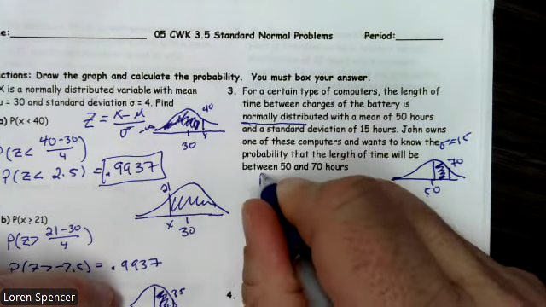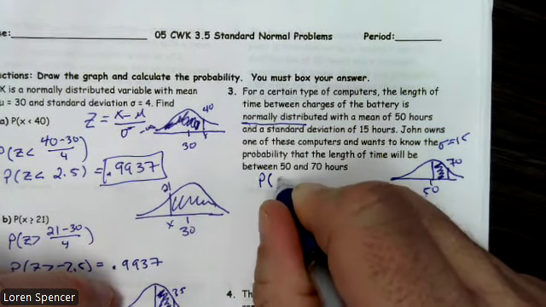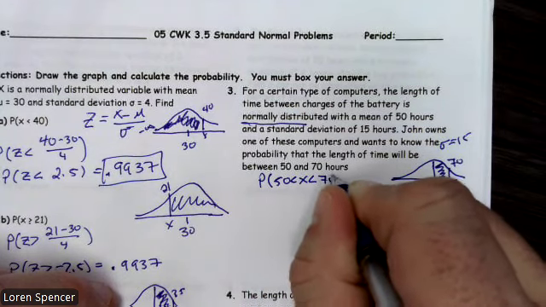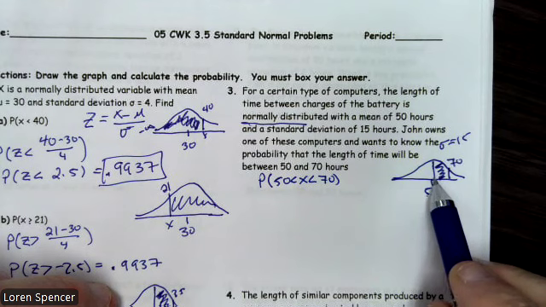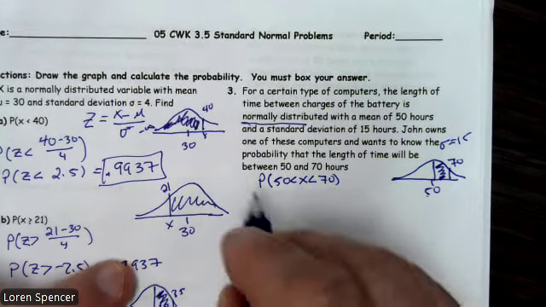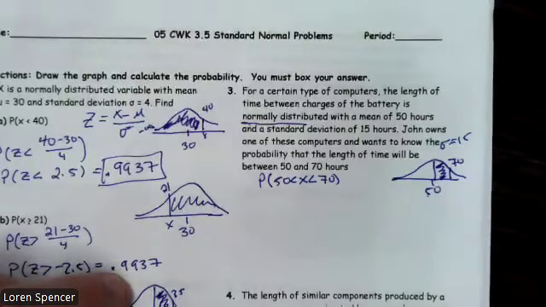Once again, I could shortcut this because his lower bound is at 50. But let's go ahead and write this out. The probability that 50 is less than X is less than 70. All right, so I need to break this up into 2 Z-scores. I'm going to change pen colors. There we go.